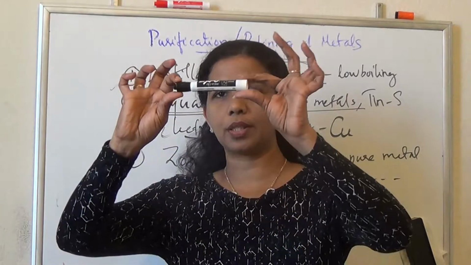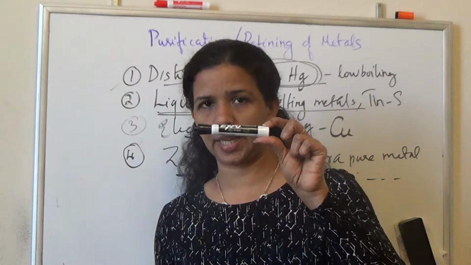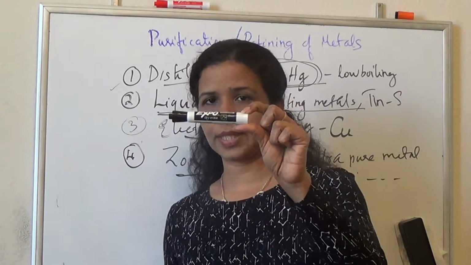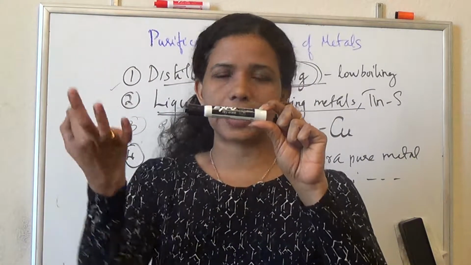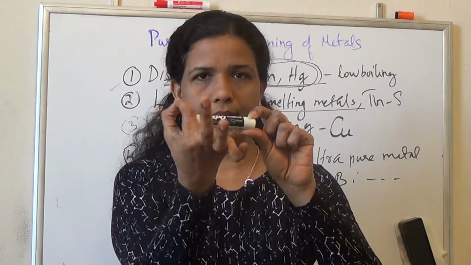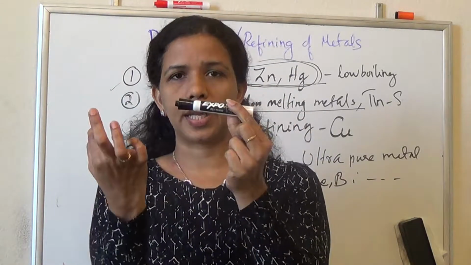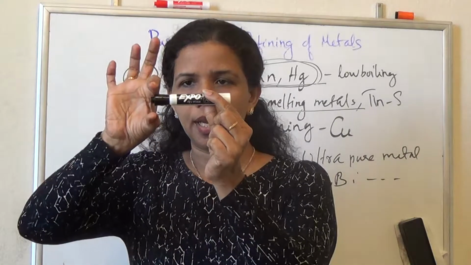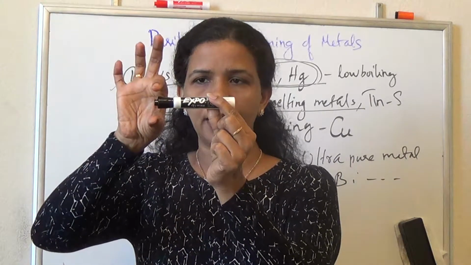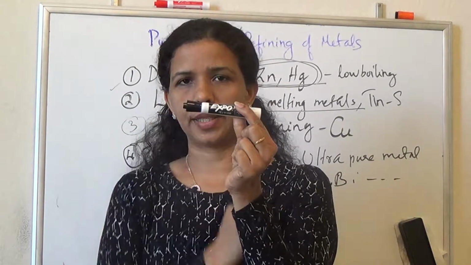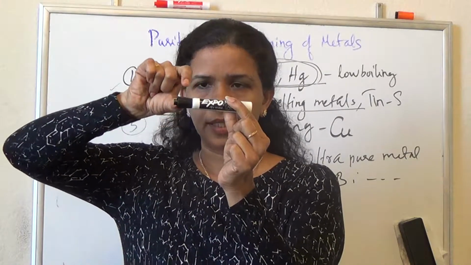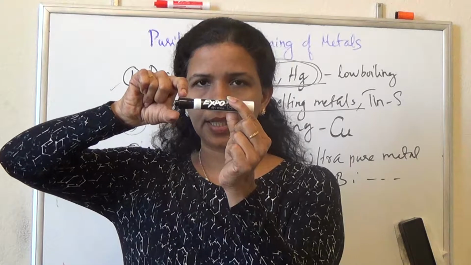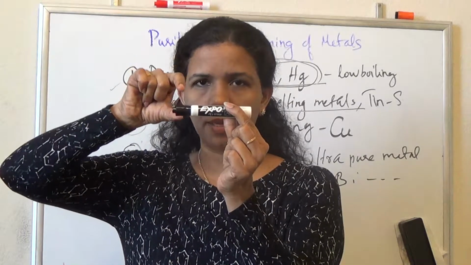So a rod of impure metal is taken. For example, we can consider impure germanium. And we are using a circular heater. Using the circular heater, we are heating the metal from one direction and then moving to another direction. When the circular heater is here, the metal and impurities at this position will become liquid.